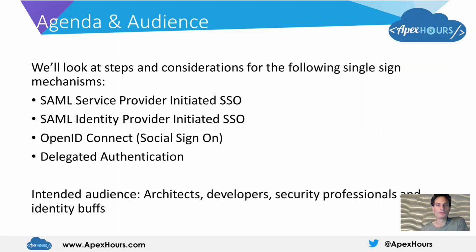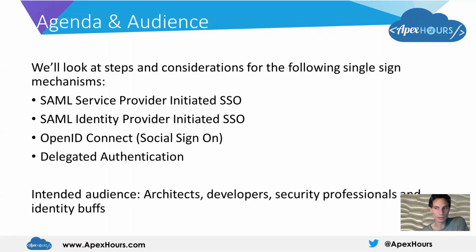So in terms of what we'll run through today, there are 4 main patterns to be aware of that can provide single sign-on for a Salesforce org. The first 2 are SAML based: service provider and identity provider initiated single sign-on. We'll look at the steps involved in both of those flows.